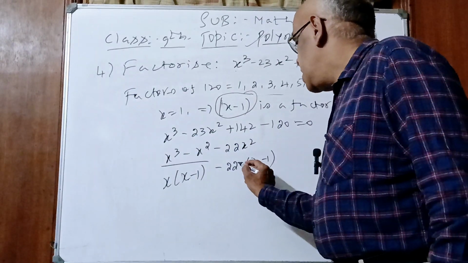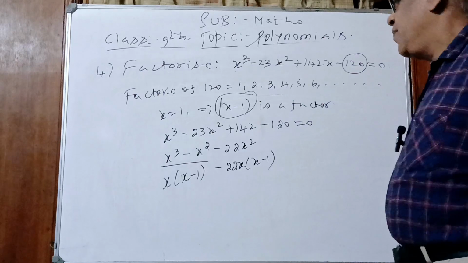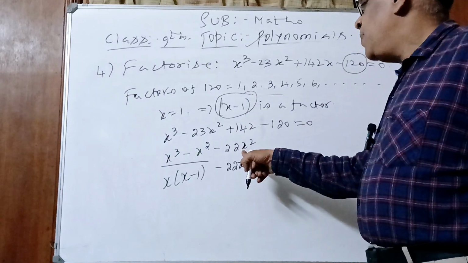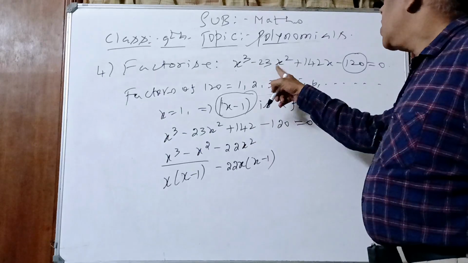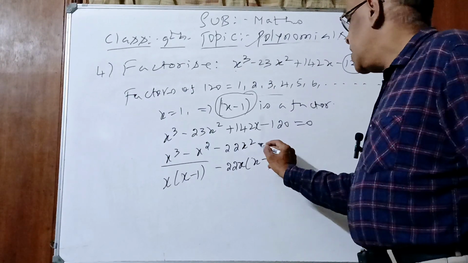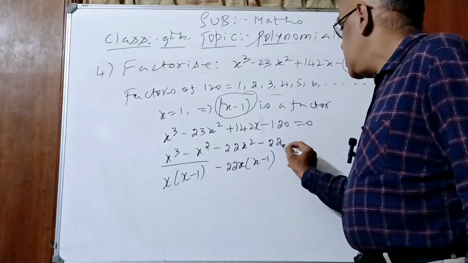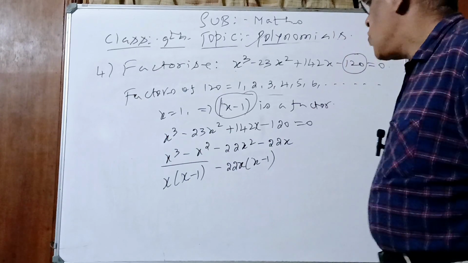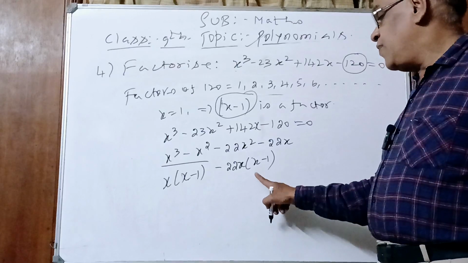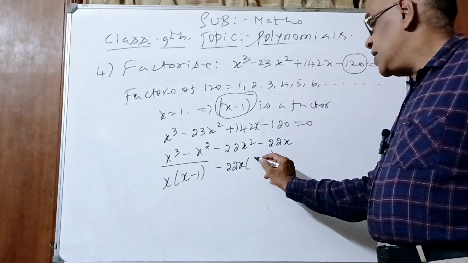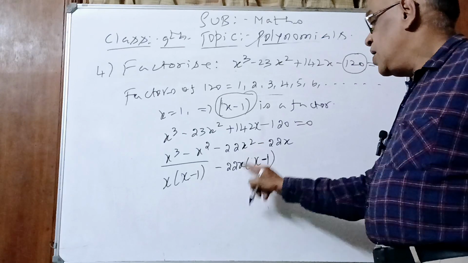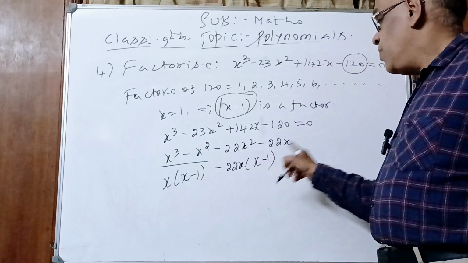The common factor 22x. Here x minus 1 should remain.